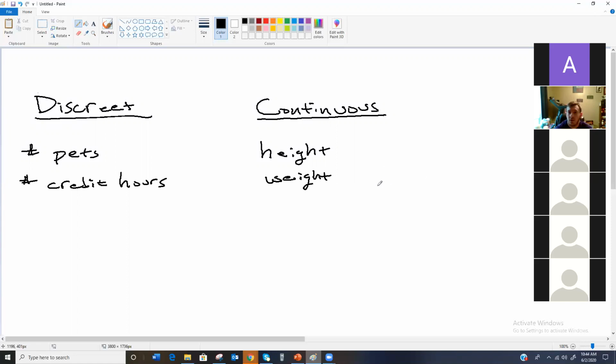It could be 1 and part of a pound, 20 and part of a pound. I'm not coming up with great things right now, but distance would be continuous. You notice a lot of these are measurements. Most measurements are going to be continuous.